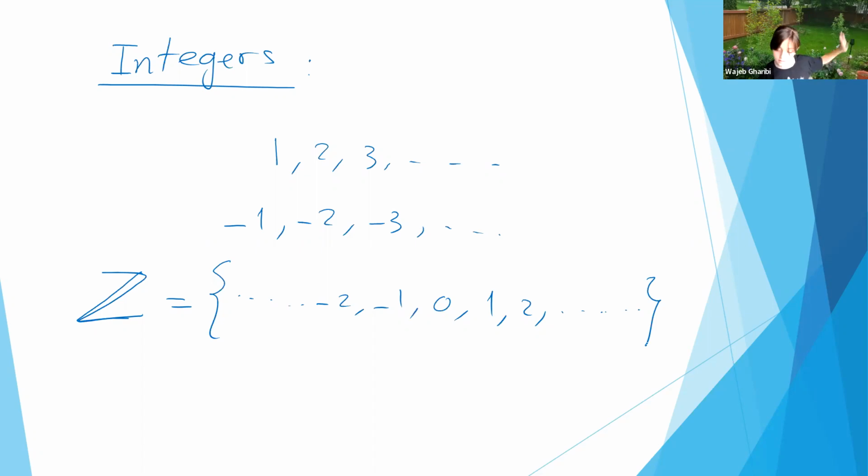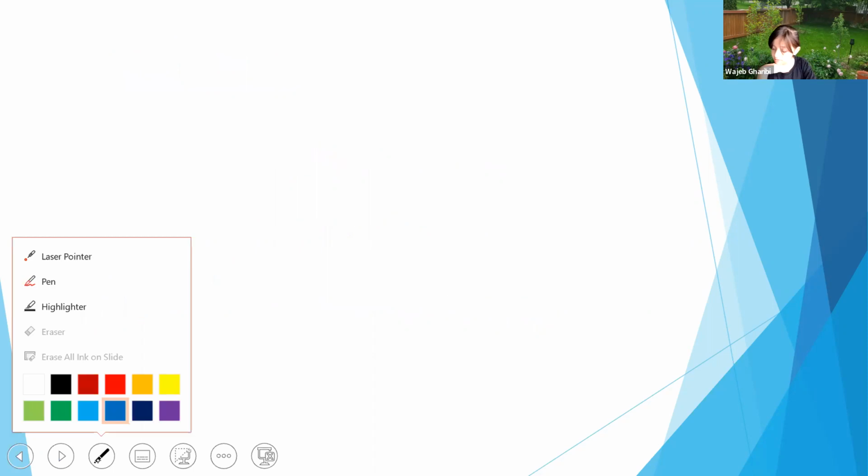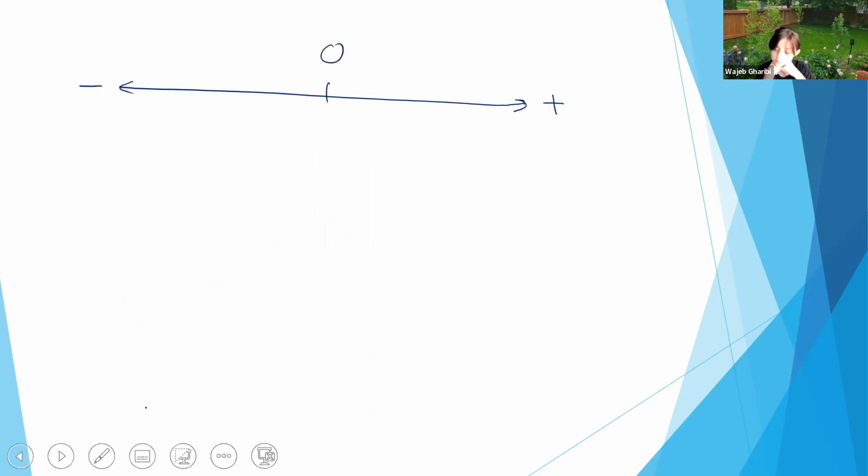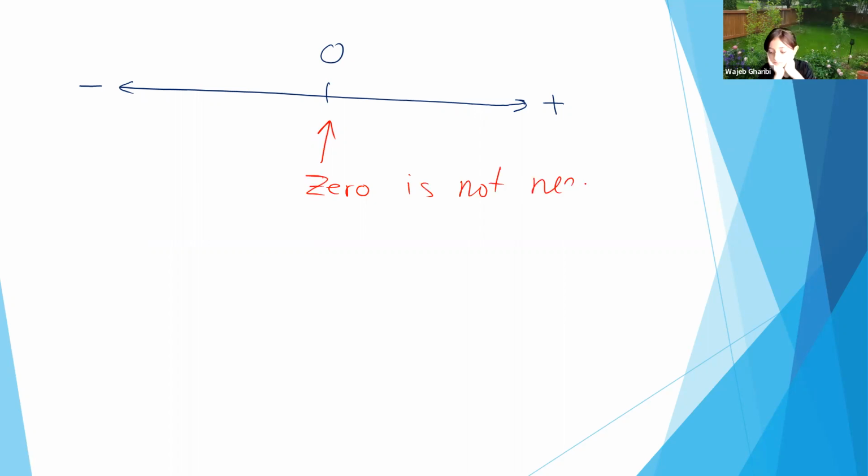Okay. How about 0, Maria? 0 is neutral. It's not positive, nor negative. So here is 0. Let me write it. 0 is not positive nor negative.